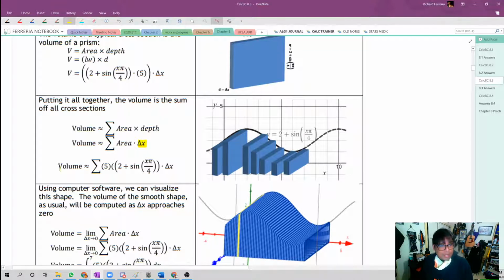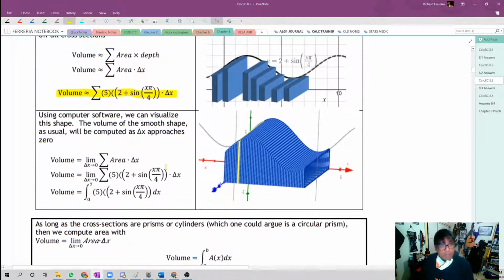So that gives us this formula right here, where volume is a summation, an addition, of 5 times a quantity of 2 plus sine pi x over 4 multiplied by delta x. So we're adding together a bunch of, in essence, volume formulas. But as we're going to see, because they are prisms, we can think of it as an area formula multiplied by a delta x.